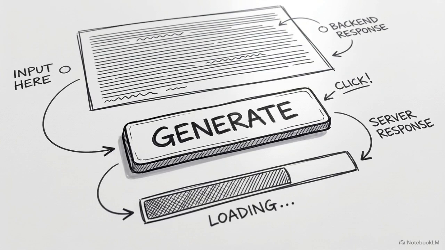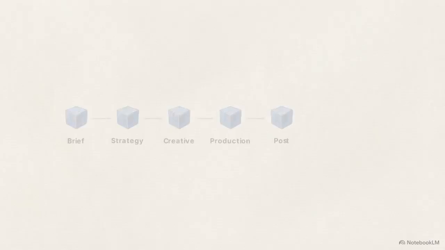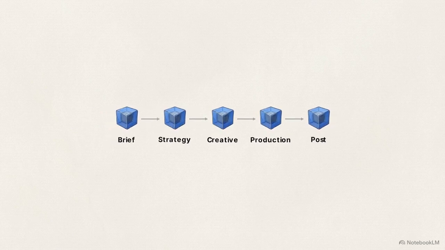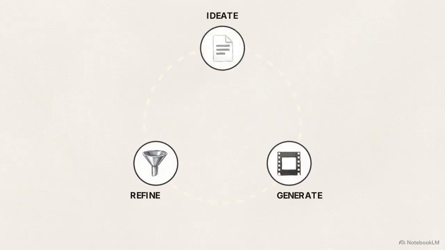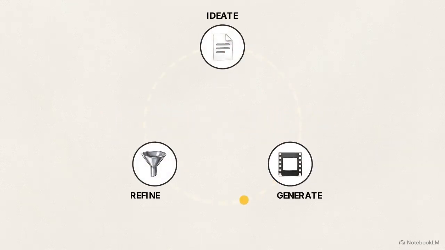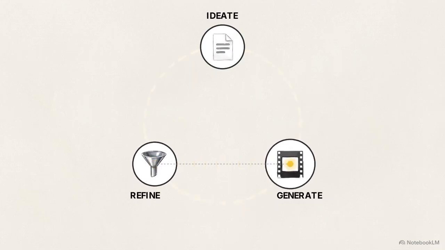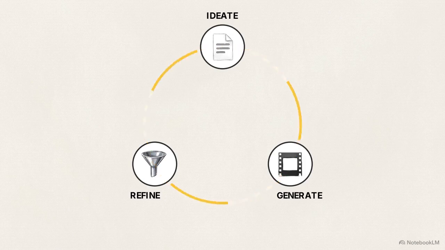Step 2 is generation. We take those single-sentence visual descriptions and feed them directly into our generative video tool. This circular workflow replaces the traditional step-by-step schedule with a continuous loop. You generate basic structures, then apply transformations. If a clip fails, you adjust the constraint and re-roll. You are ideating, generating, and refining in real time.